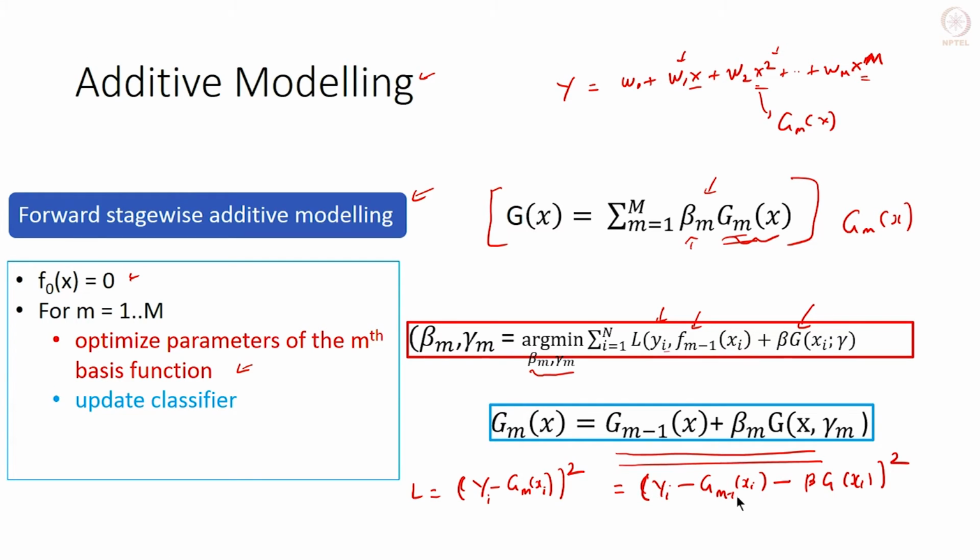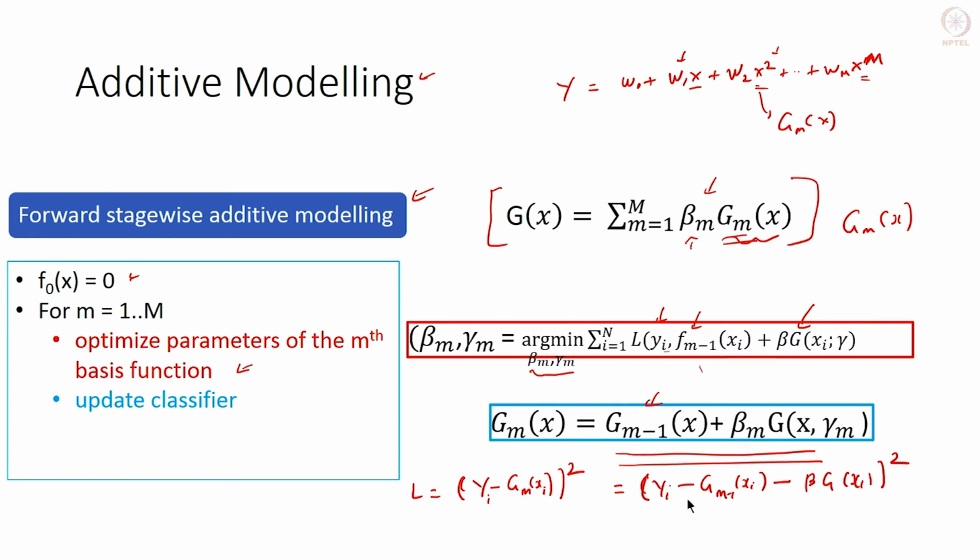So, we have developed a classifier till the m minus 1th iteration, and I have just substituted this expression here. Instead of g_m of x, we have used g_{m-1} of x plus beta_m g of x. This is the cost function that we are optimizing if we use a least squares cost function.